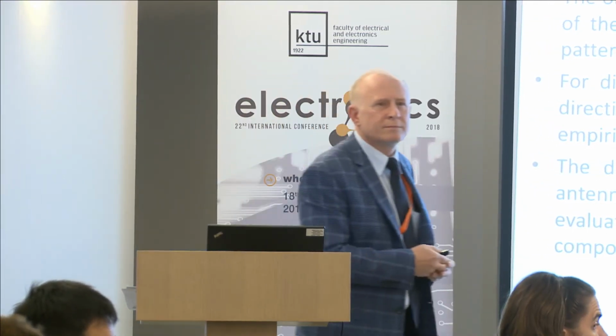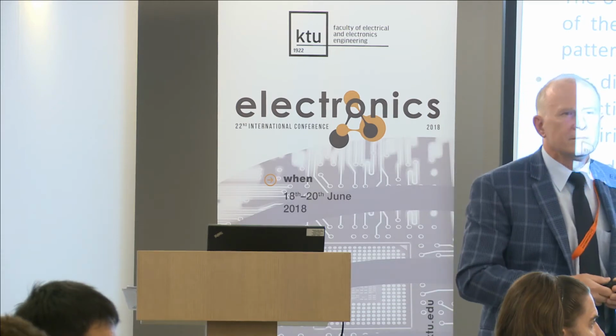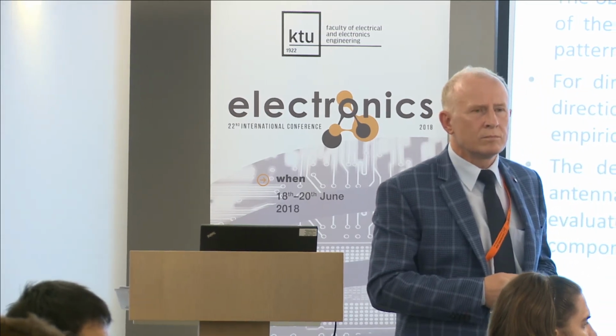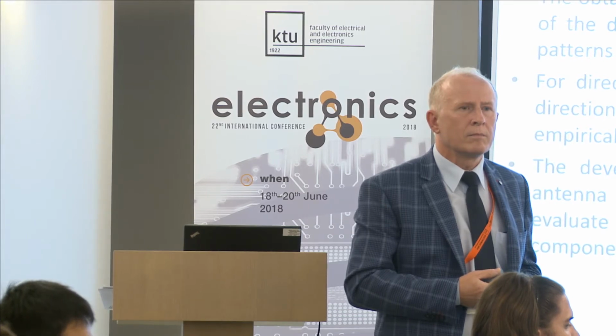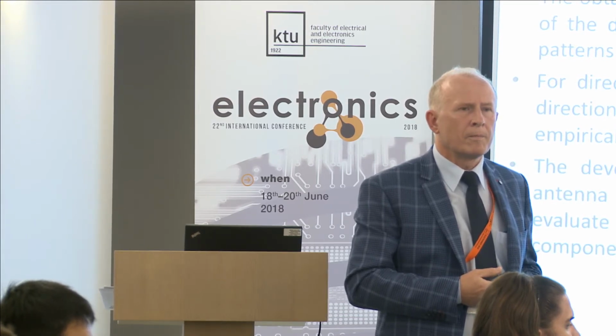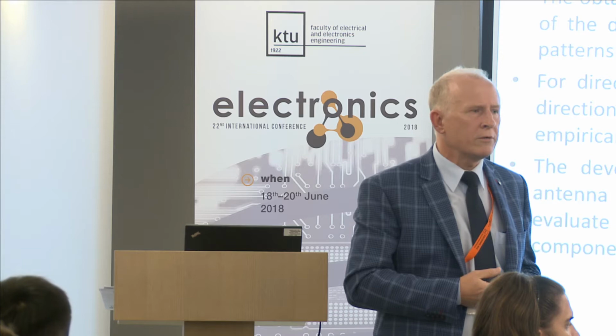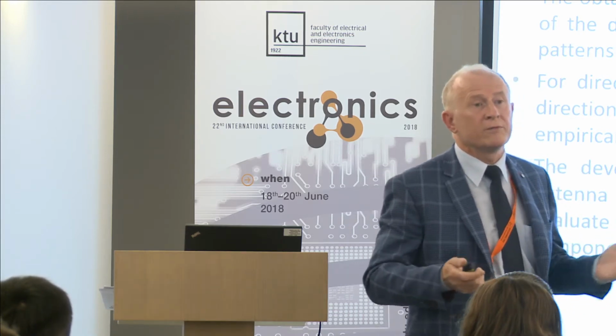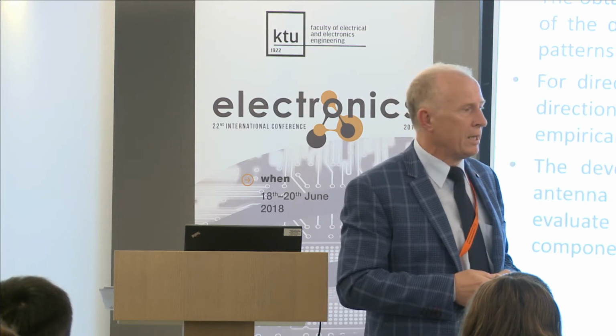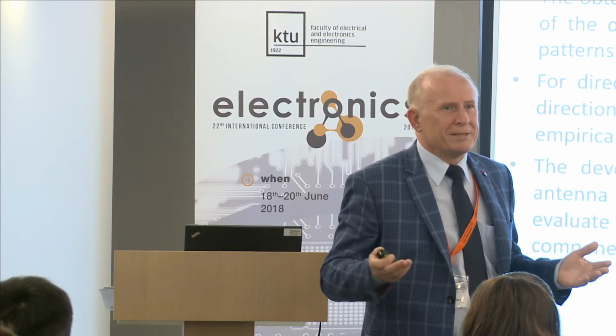I have a question. You have chosen a frequency equal to 38 gigahertz for your model. What if the frequency is below 10 gigahertz? It means, why have you chosen 38 gigahertz? We have chosen this frequency because this is the band of 5G generation. The answer is I don't know.